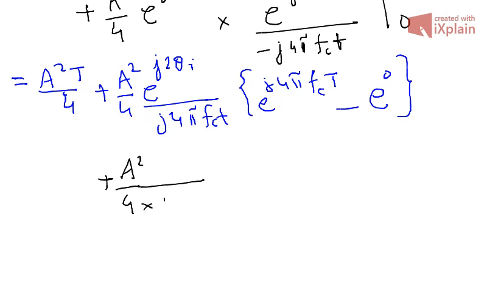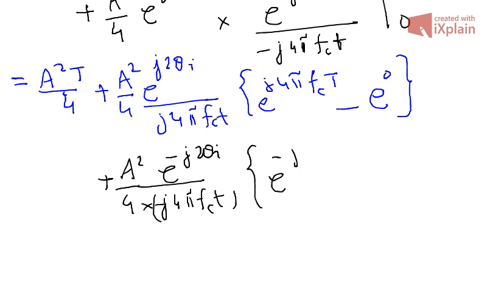There is another term in the denominator, minus j4πf_c, and e raised to the power minus j2θ_i, and we apply the limit. The limit is e raised to the power minus j4πf_c capital T minus e raised to the power 0.